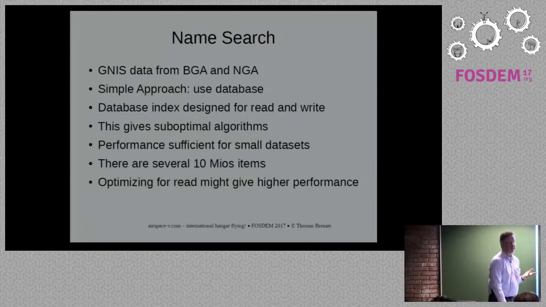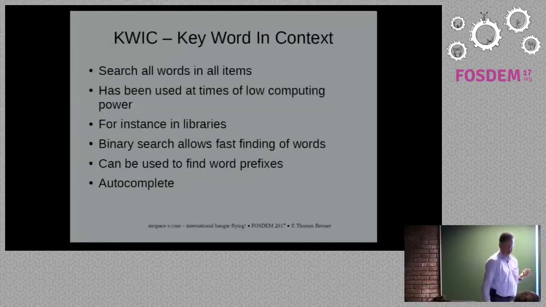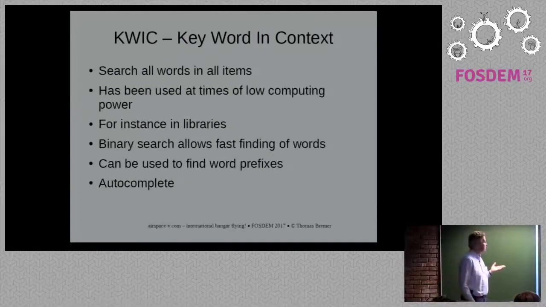And databases typically are slow on these sizes of data. So there is some optimization built into this website that I use: a large file is used with all the entries in it, and the KWIC system.